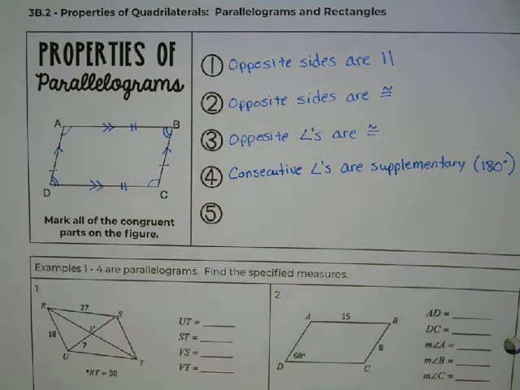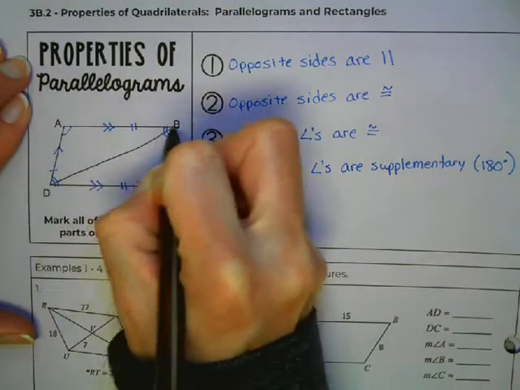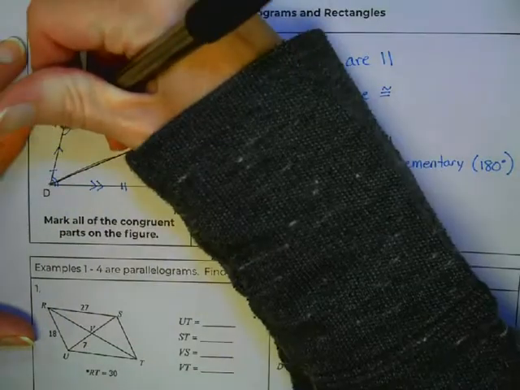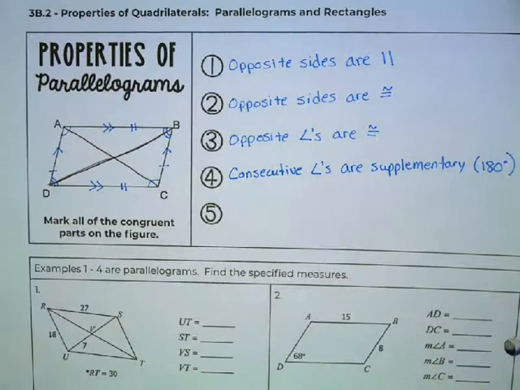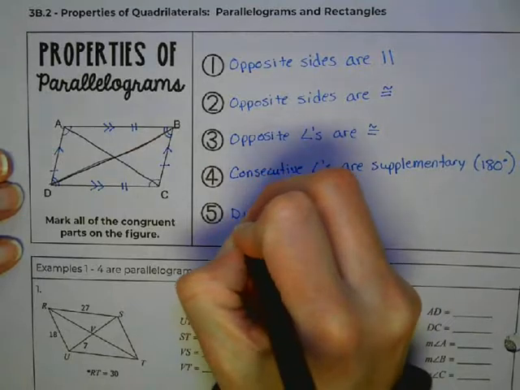The last one we're going to do is we're going to draw in some diagonals in this picture. Diagonals connect opposite corners. So we're going to draw a diagonal from B to D. And we're going to draw a diagonal from A to C. And the thing about diagonals in a parallelogram, diagonals bisect each other.